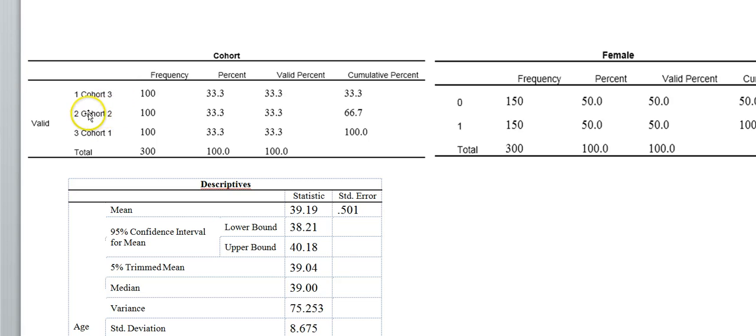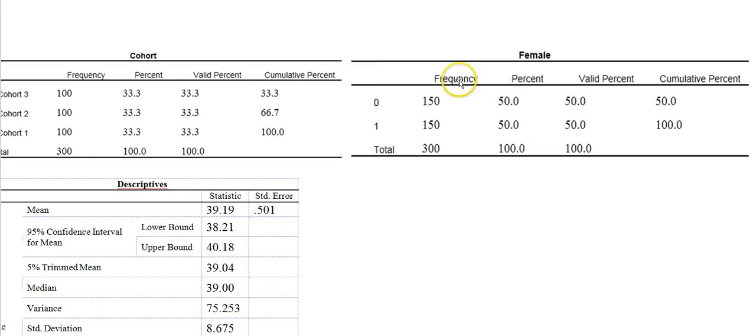Cohort 2 is in year 2 in this data set, and then cohort 1, which is the oldest cohort, is in their 3rd year.